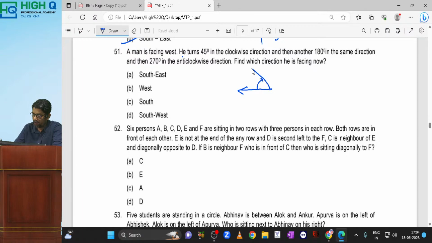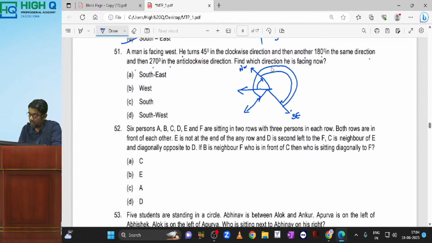So from west to northwest he is moving. And then another 180 degree in the same direction. So he will be here. Now, this will become southeast. And then 270 degree in the anti-clockwise direction. 180, 215, 270. Yes.